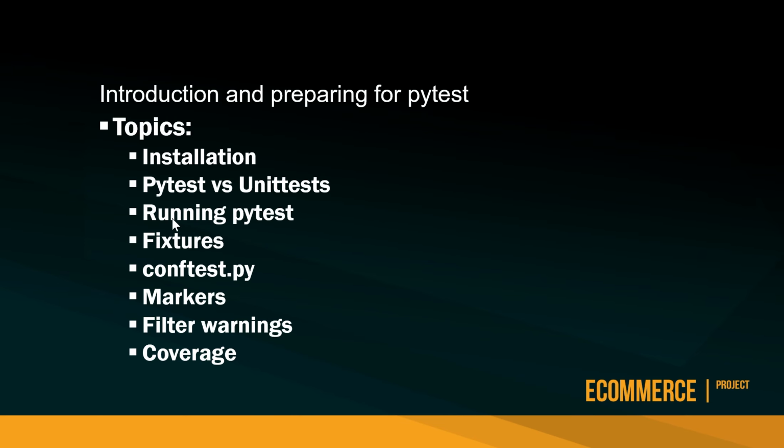Then we get that file and put all that data into our database once we've created all the tables. So we can think of a fixture as a way of defining code before, after, and while tests are running.